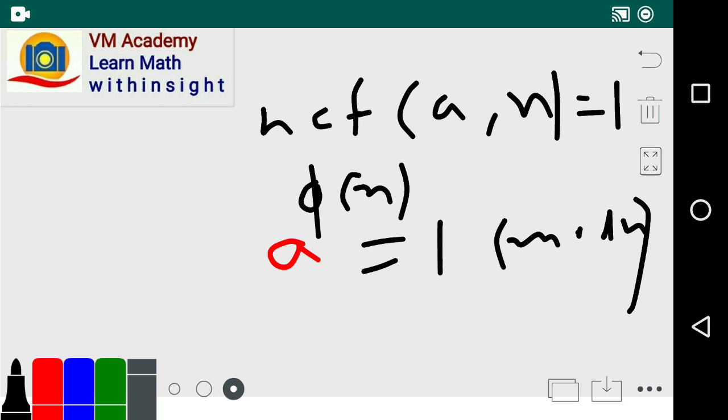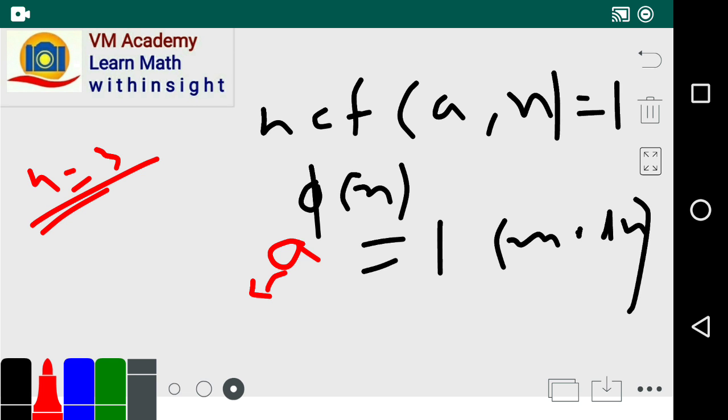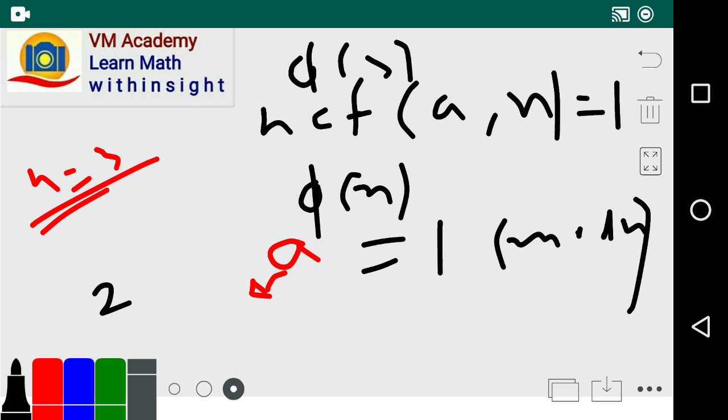Example, friends. Let 3 be the number n, and let us take a equal to 2. So 2 raised to phi of 3. Phi of 3 is the total number of numbers relatively prime to 3 and less than 3. 1 and 2 are such numbers, so there are 2 numbers. So phi of 3 is 2.